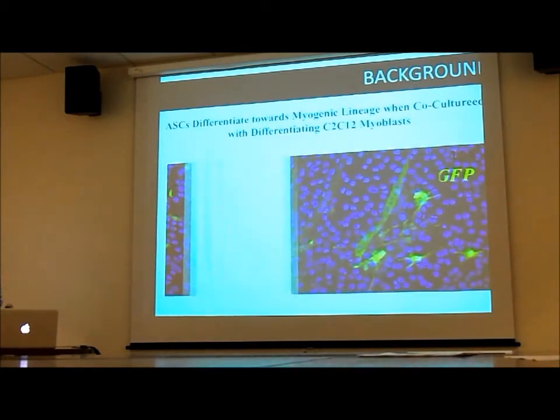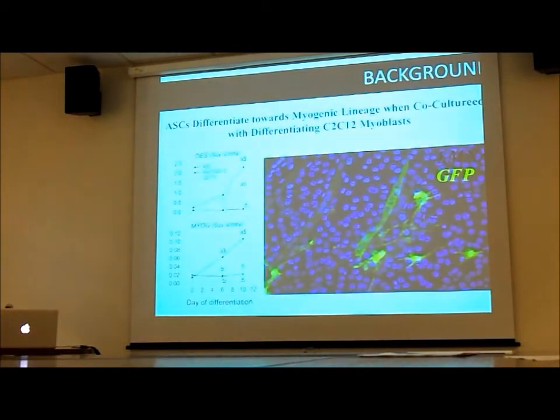So they did staining with porcine-specific lamin, and they found that the nucleus was actually red. It's shown with red lamin. So the porcine nuclei were actually fused in the myotubes, and they were involved in expression of the genes.